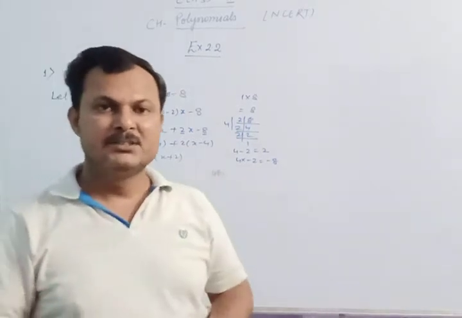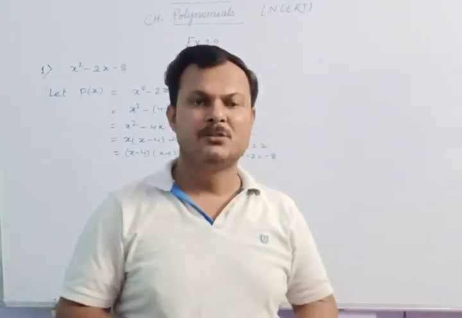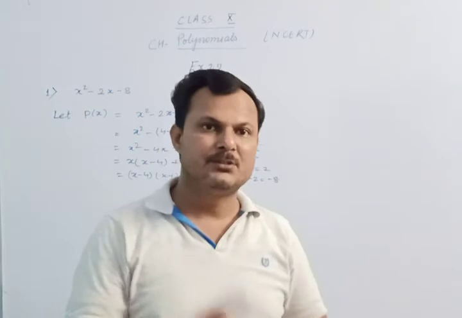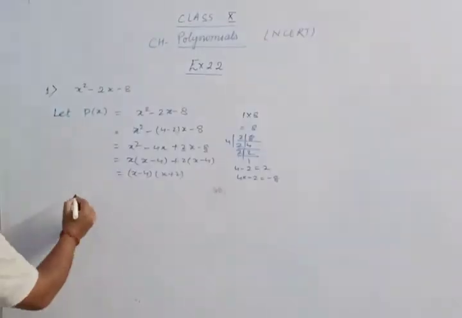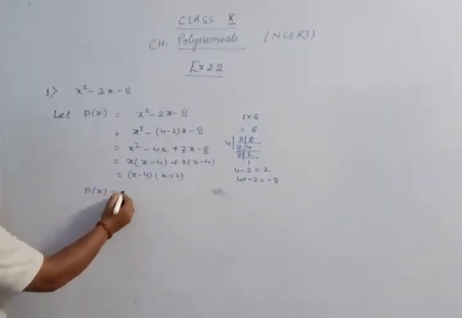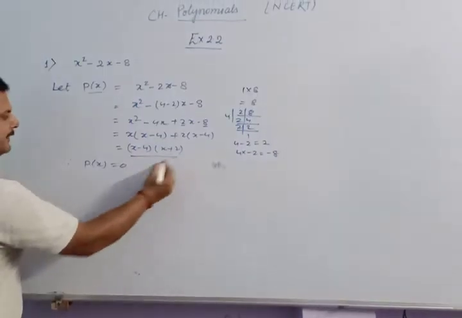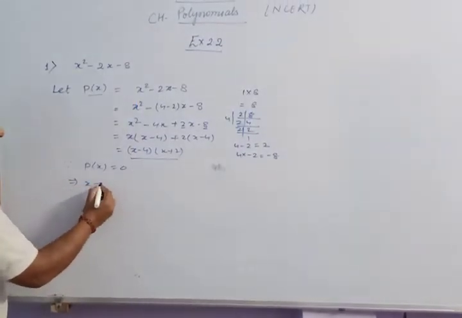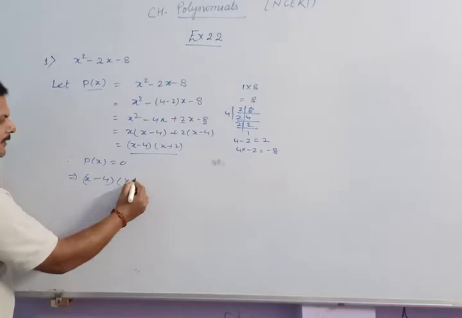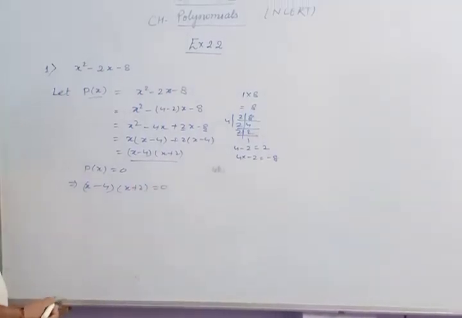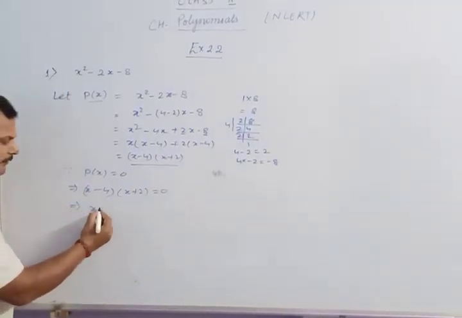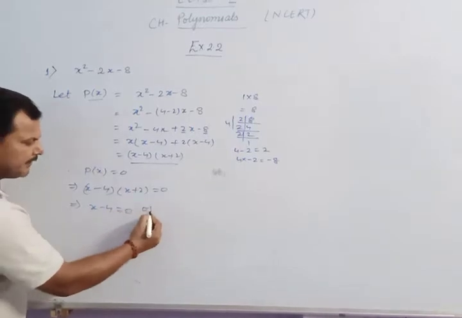Recall again, the zero of a polynomial is that value which makes the polynomial 0. Clear? It means P(x) must be 0 and P(x) is equal to this. It means (x minus 4) into (x plus 2) must be 0. It means the first factor will be 0 or the second factor will be 0.